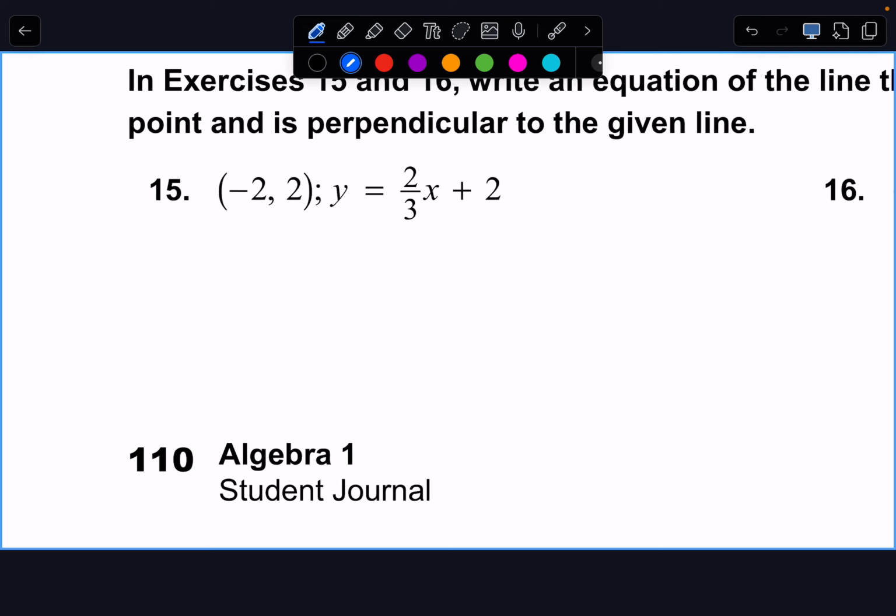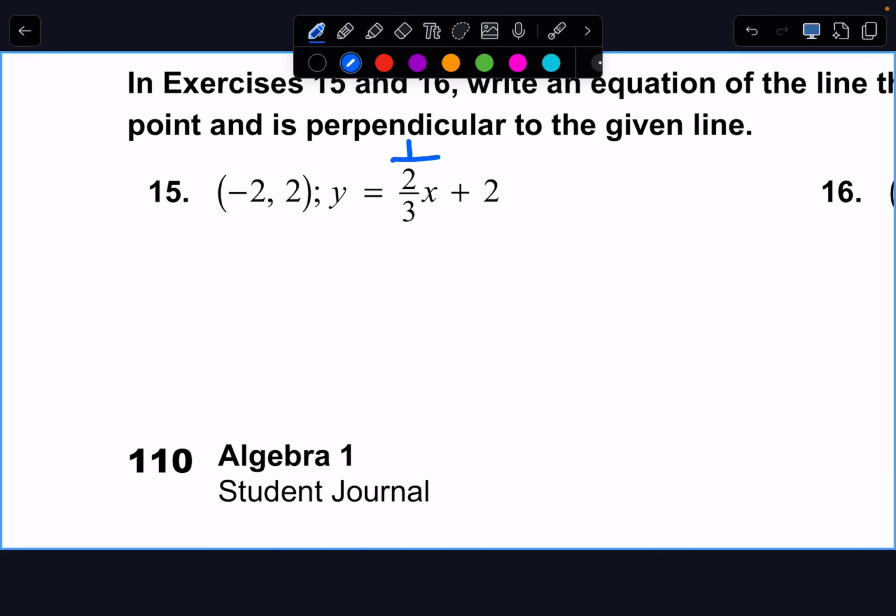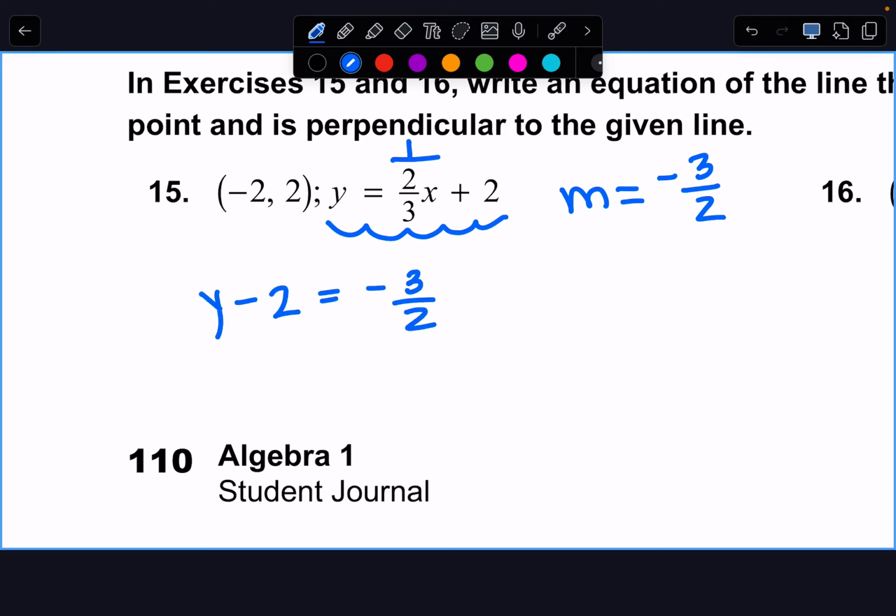Okay, if I want to be perpendicular to this line, what's our slope for our new line? Negative 3 over 2. If I want to be perpendicular, I want opposite reciprocal slopes. So, y minus y equals slope times x minus x. Are we okay with that?